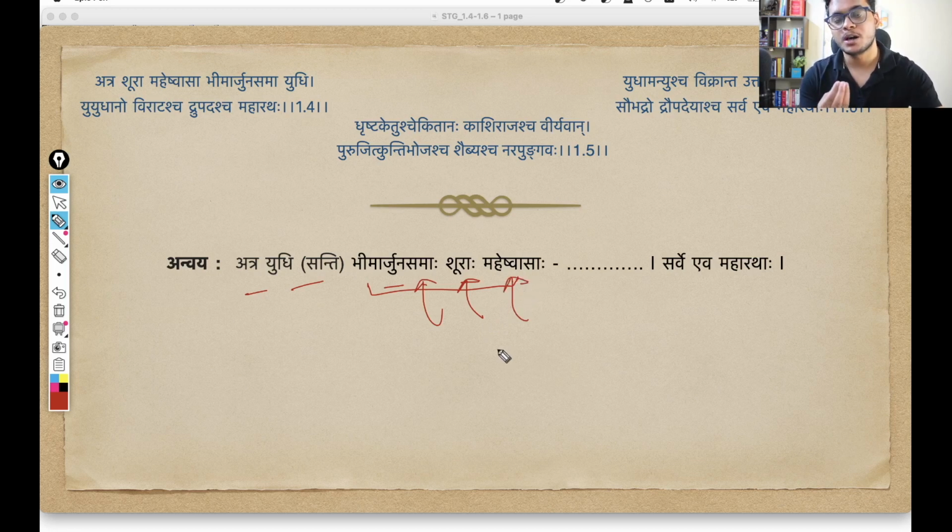So many of them are great archers, and Bhim Arjun Samaha, they are comparable in strength and prowess to Bhim and Arjun. Then he calls out the different names of the warriors, and he also concludes by saying Sarve Ev Maharatha, that all of them indeed are Maharathi. They are extremely skillful warriors.